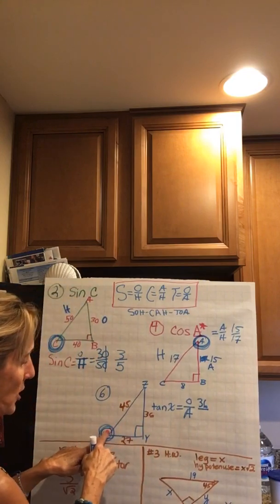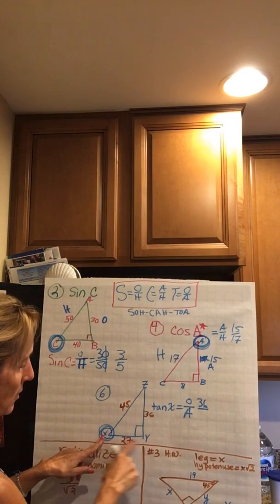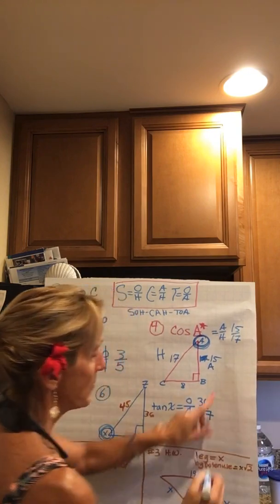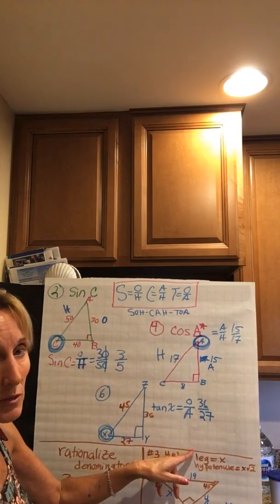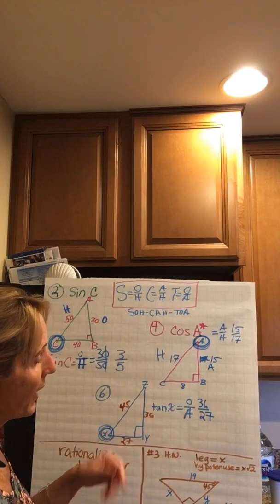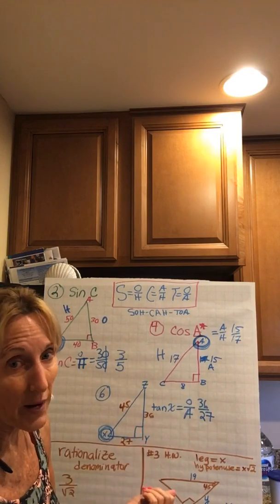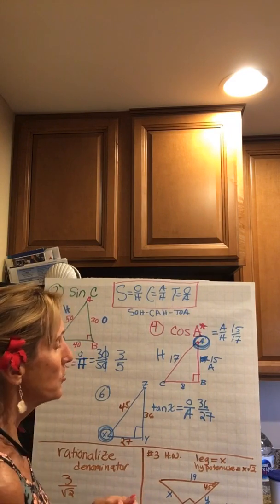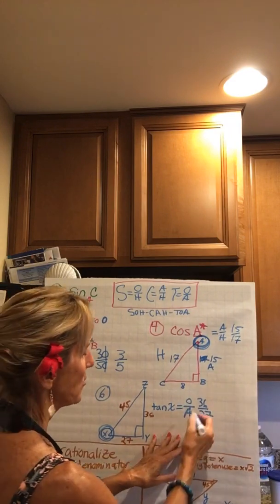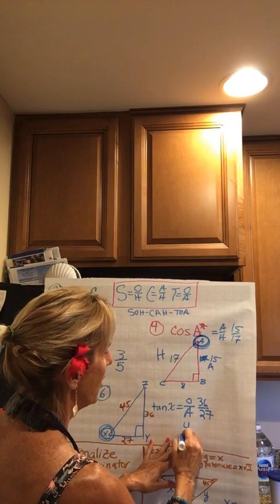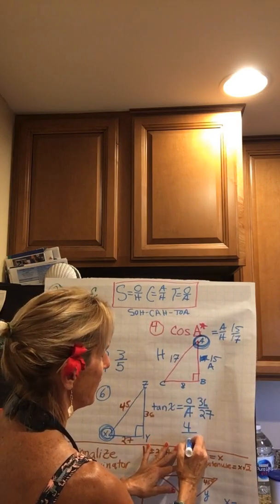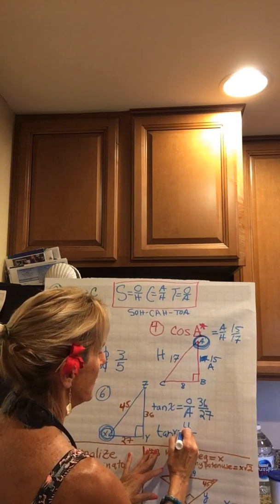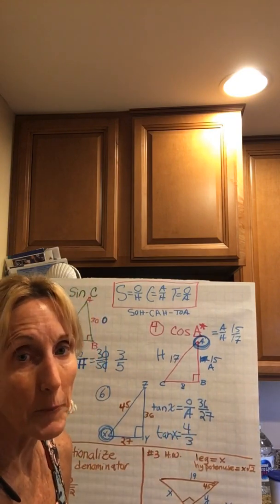And then adjacent would be 27. Now because of my door handle, I'm going to put my answer underneath here. So I can divide, and do not make it a mixed number. Please leave it improper. I can divide those both by 9. 36 divided by 9 is 4. 27 divided by 9 is 3. So I get the tangent of x equals 4/3.